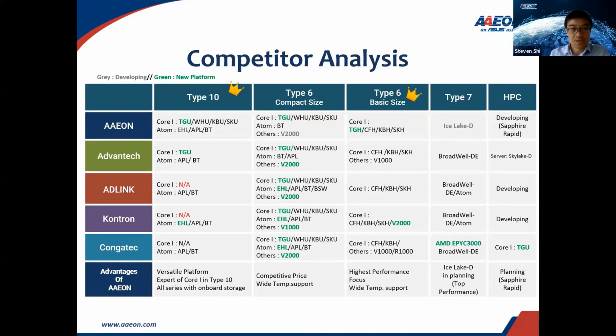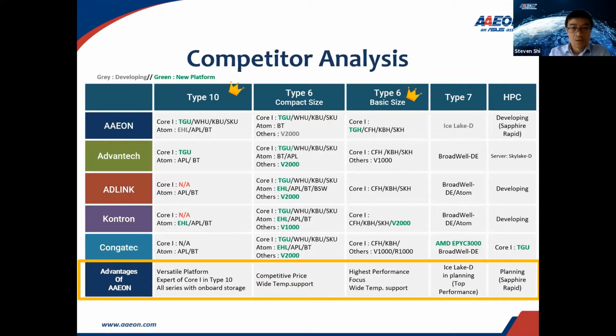For Type 6, you can see we have the latest Tiger Lake module, which I just introduced, already in development. And for Type 10, we have the Tiger Lake UP3 module available and in development as well. Apart from that, for Type 7, we have the latest Intel Ice Lake D platform in planning.